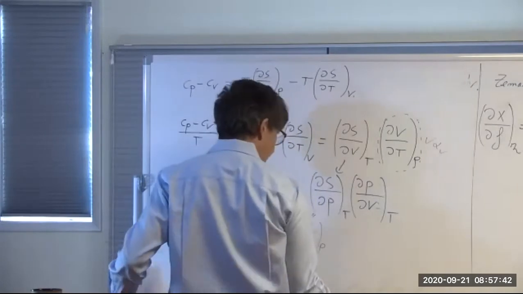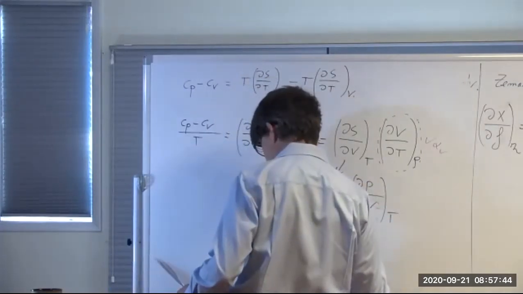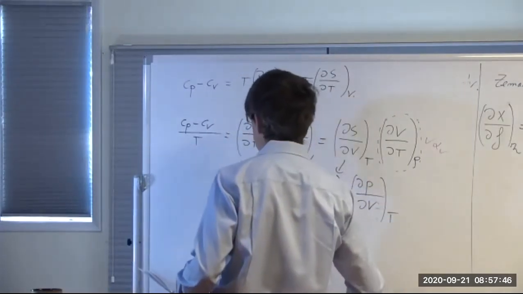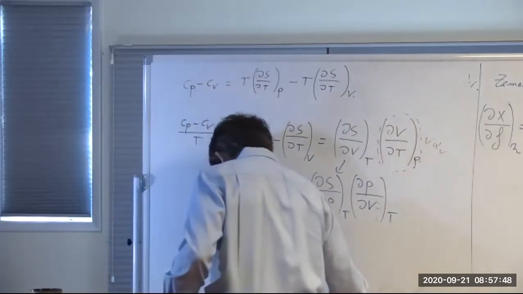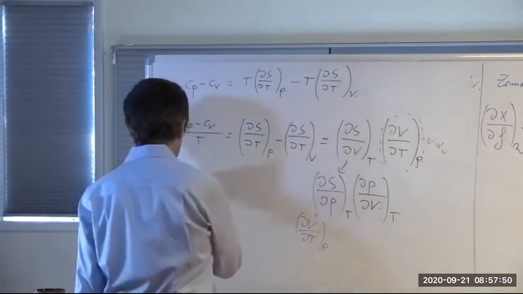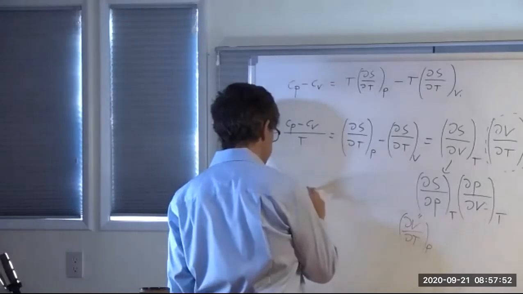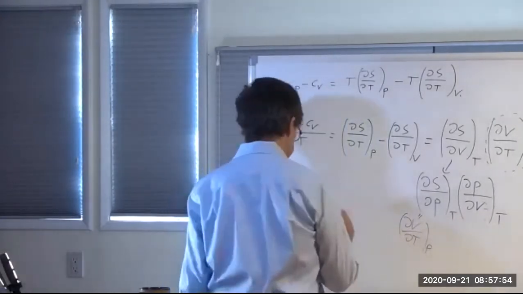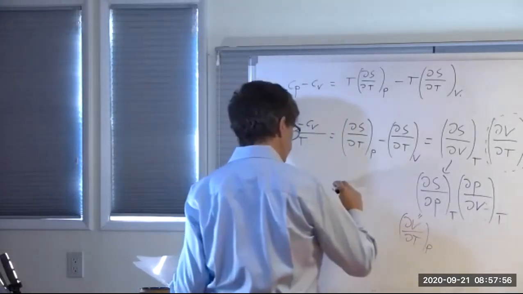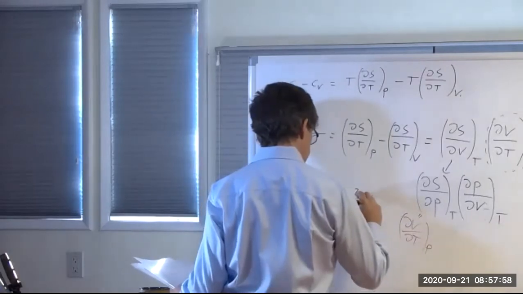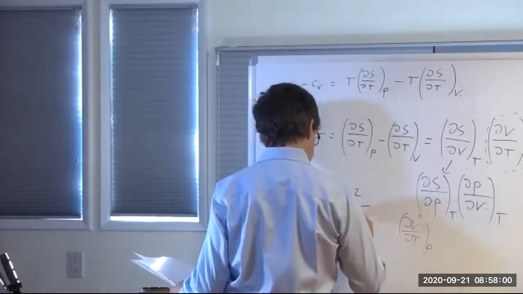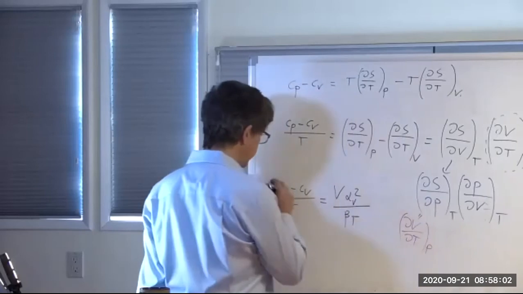So somewhere the compressibility is going to show up in here. So if I put this all together, Cp minus Cv divided by T is equal to V times alpha V squared divided by the compressibility, beta T.